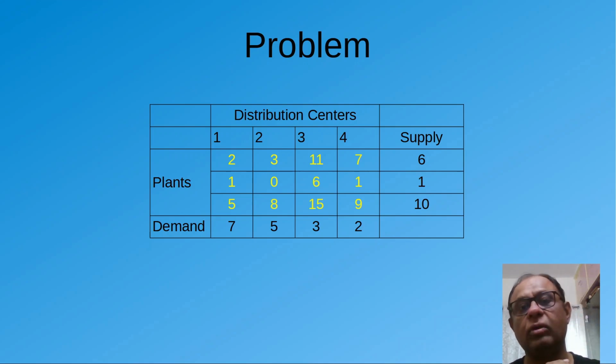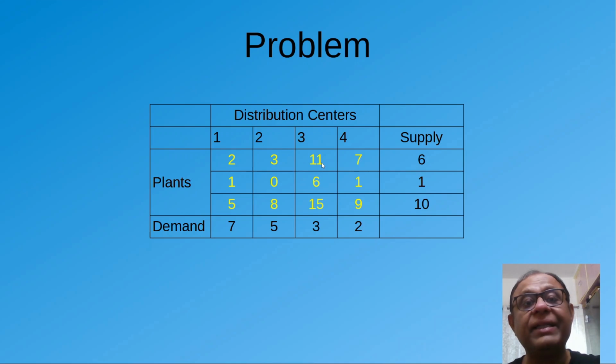Well, going further, if I supply from plant number 2 to distribution center number 3, it will cost me 6 rupees per unit. And this is pretty clear here. It's 6. Now let's take this example. If I supply from plant number 1 to distribution center number 3, it will cost me 11 rupees per unit.